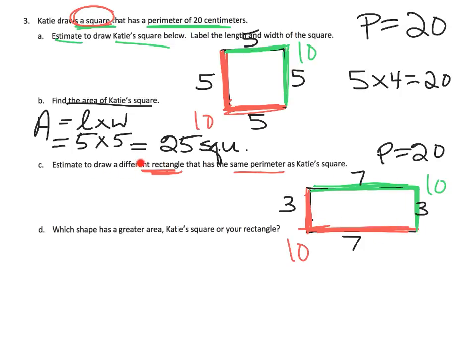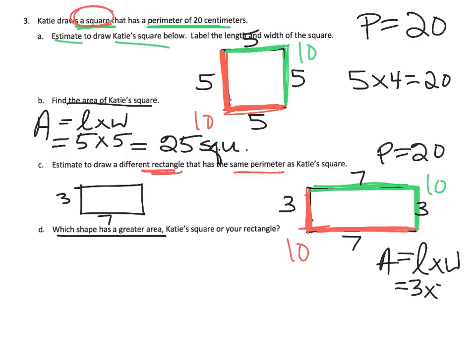So estimate to draw a different rectangle. Well, the rectangle is right here. It's 3 by 7. And then the last question is, which shape has the greater area? Well, we know that the area of this rectangle that we created is length times width, which is 3 times 7, which is 21 square units.